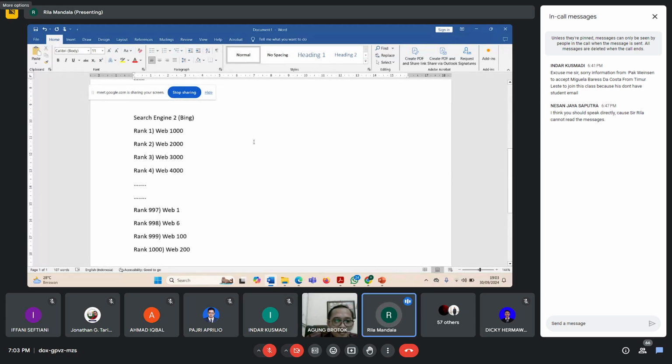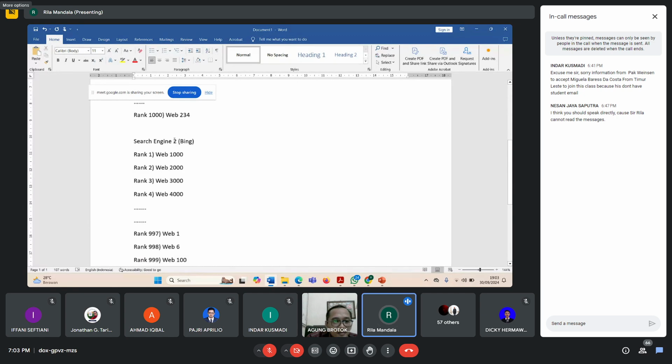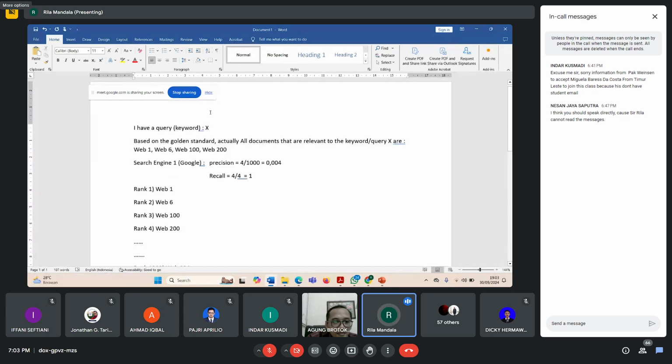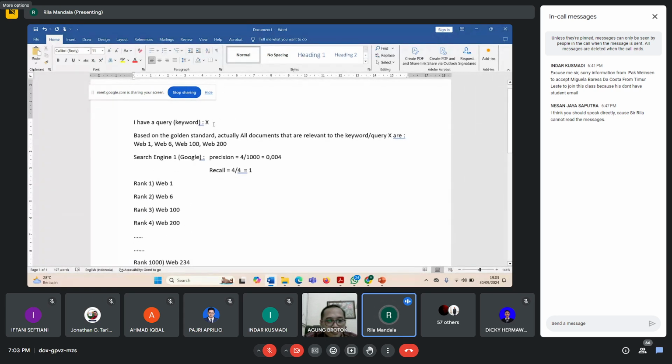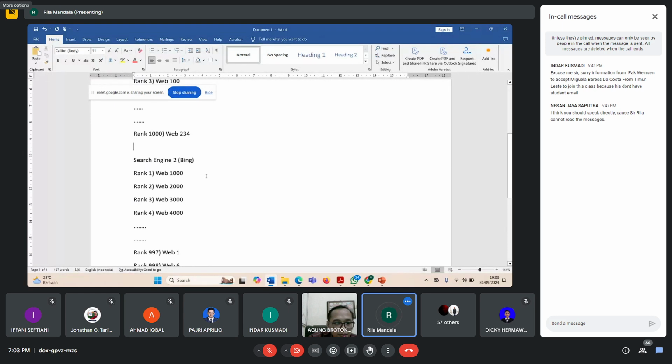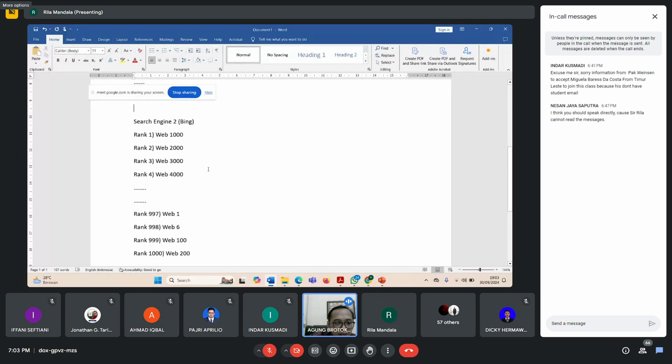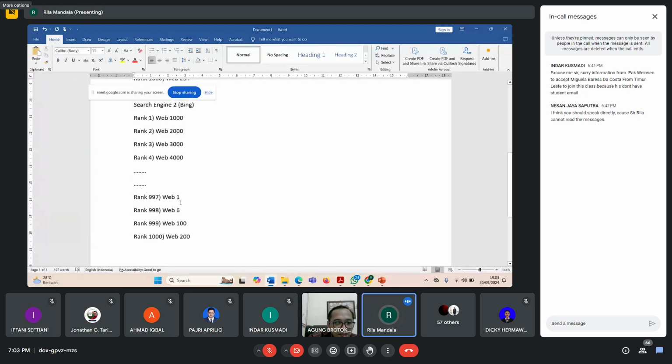Okay, now take a look at Bing, search engine number 2. Bing is given also the same keyword X, and the result is like this. In rank 997, web 1, is it relevant or not? Relevant, sir. How about rank 998?